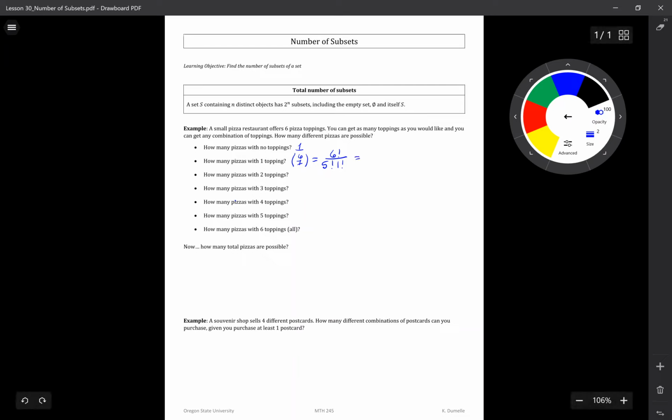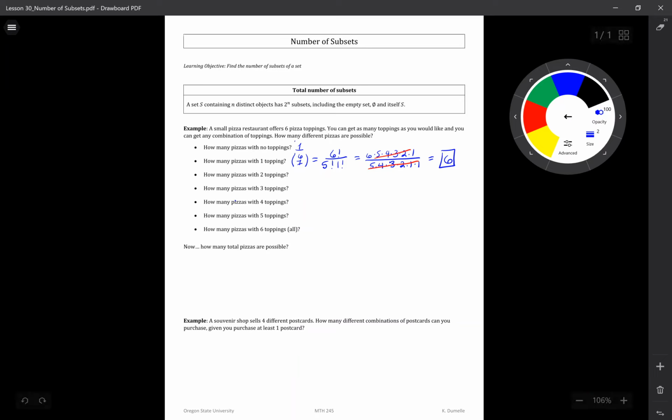So this is equal to 6 times 5 times 4 times 3 times 2 times 1 over 5 times 4 times 3 times 2 times 1. That's 5 factorial, and then that 1 factorial is just the 1. So everything cancels except for the 6, which means that there are 6 different pizzas with 1 topping. That makes sense, since there are 6 toppings.